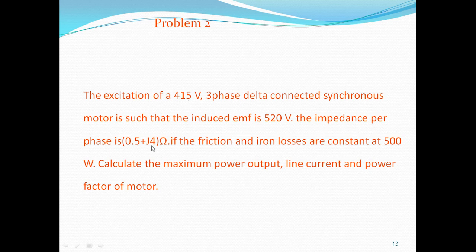And the impedance per phase is given, that is resistance as 0.5 and synchronous reactance as 4, and friction and iron losses as 500 watts. We have to calculate the maximum power output, line current, and power factor of the motor. Note down the problem.